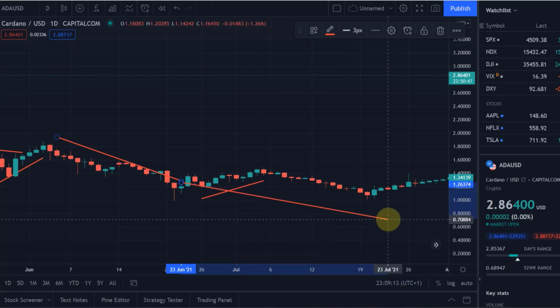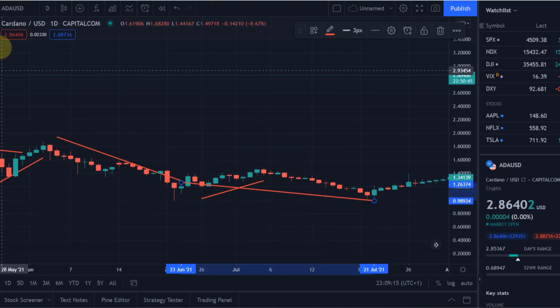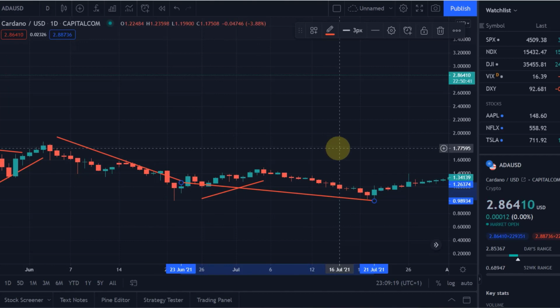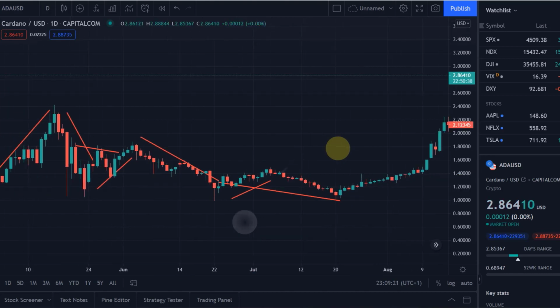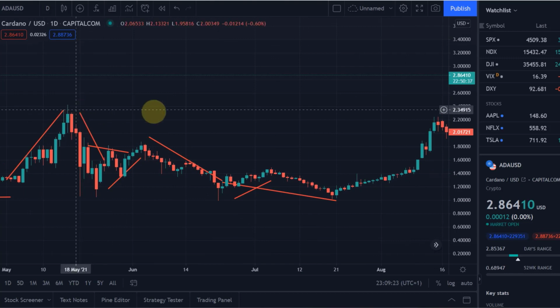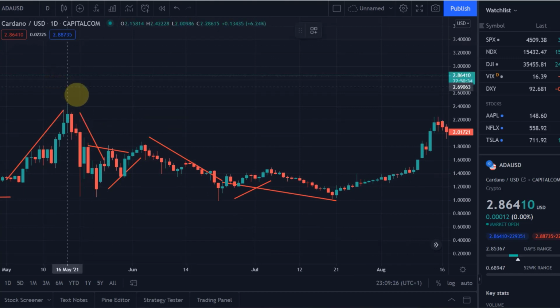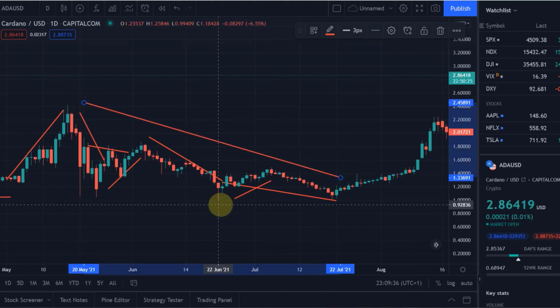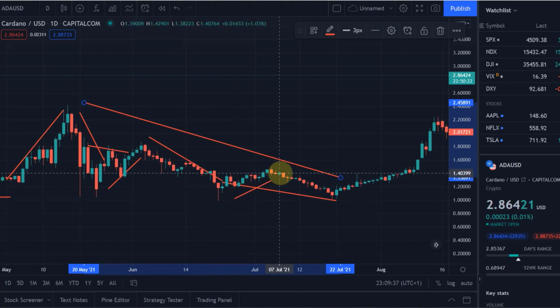Bear in mind, and I'll talk about that in another video, that there are longer term trends. So you can have a longer term trend going down, as you clearly have here, but then a short term trend going up.